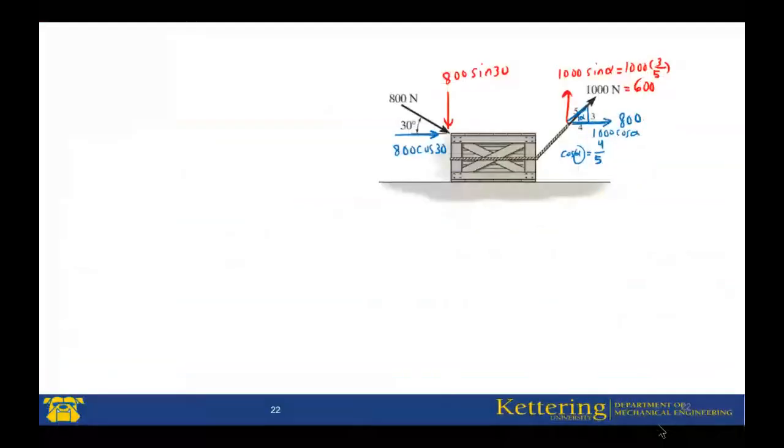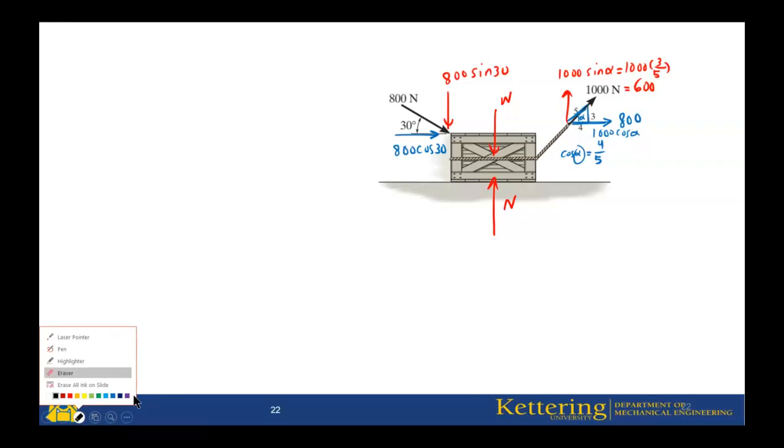Now, other forces that we have are the weight, the normal force, and, if this one is moving in this direction, a frictional force. I just write this one with a blue color.